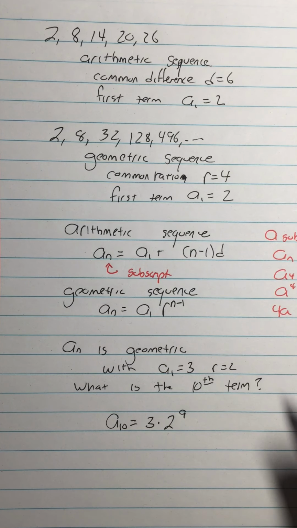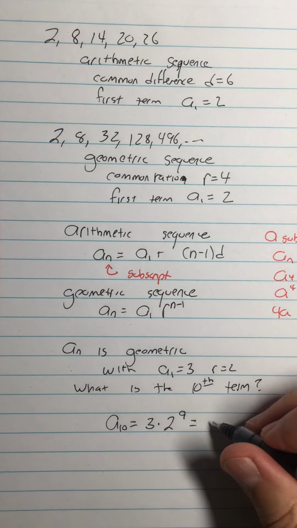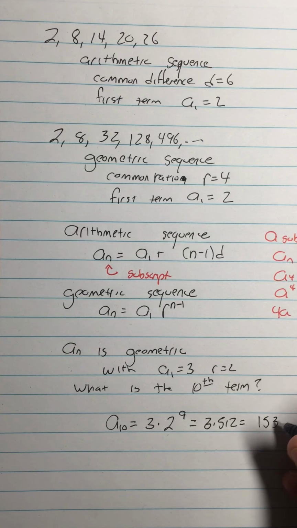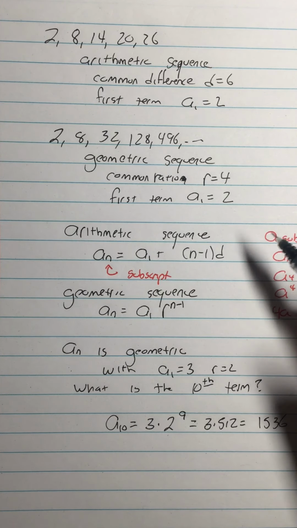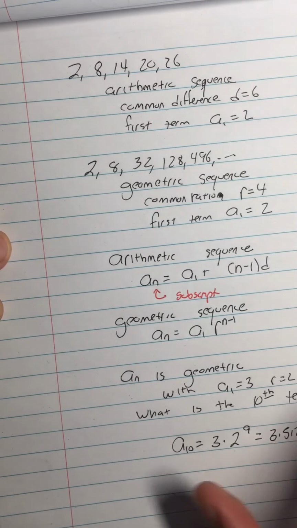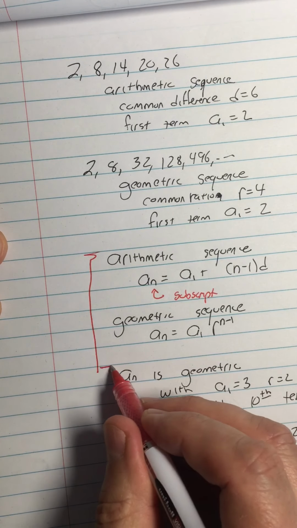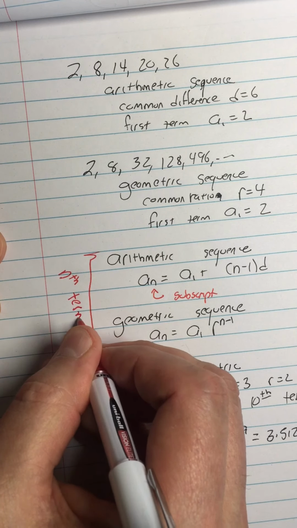So I have 3 times 2 to the 9th, and 2 to the 9th is 512. So 3 times 512 is 1,536. There you go. So these two are called nth term formulas because they give you the nth term.